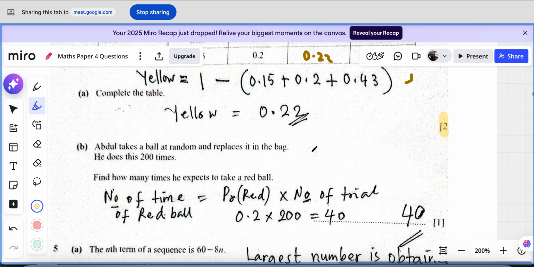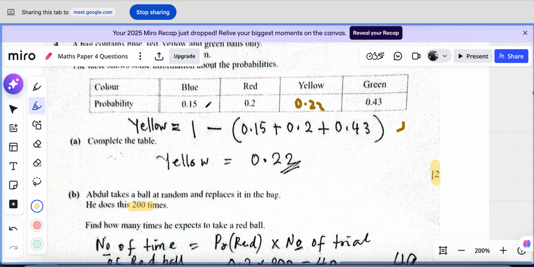Find how many times he expects to take a red ball. If they say find how many times he expects to take a red ball, you take the probability of red multiplied by the 200 times Abdul does that. If they say blue, you take the probability of blue and multiply it by 200. So it depends on which color they mention.